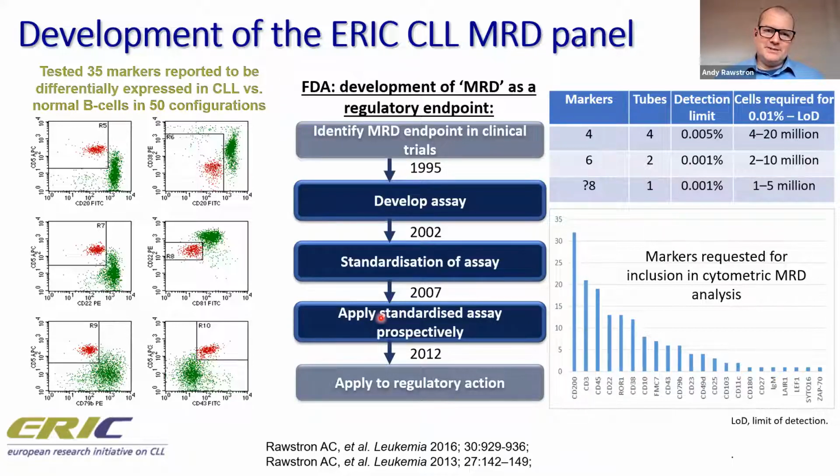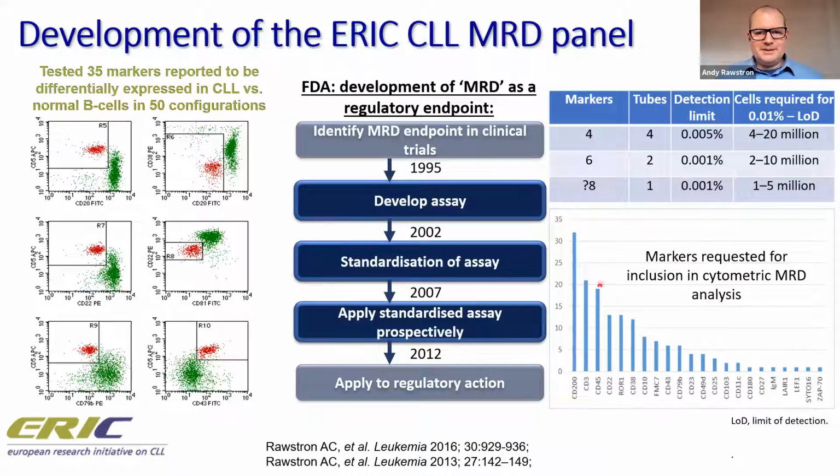So we realized at that point that we really wanted to fix this in place as much as possible to make it backwards compatible. So the development that happened over the next few years was to improve the detection limit if possible and reduce the number of cells needed, but essentially make sure that we were getting a result that was consistent with the types of data that we'd had in the past.